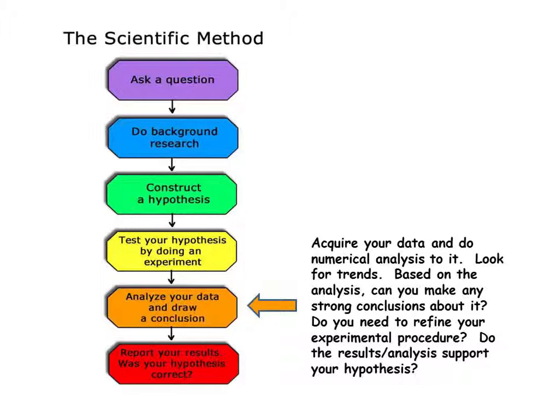But this is a step where you would find out by doing the analysis whether or not your analysis and your data is strong enough to support your hypothesis and therefore your conclusion. All right. You may have to refine your hypothesis, or you may have to refine your experimental plan to be able to better answer or better support your hypothesis or answer the question.